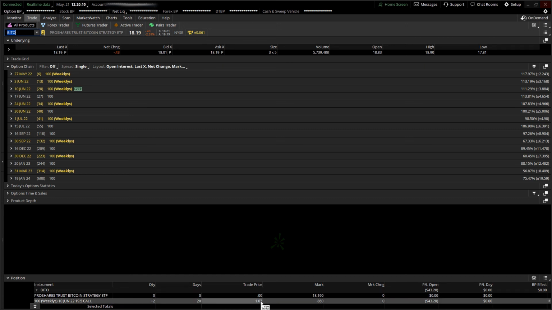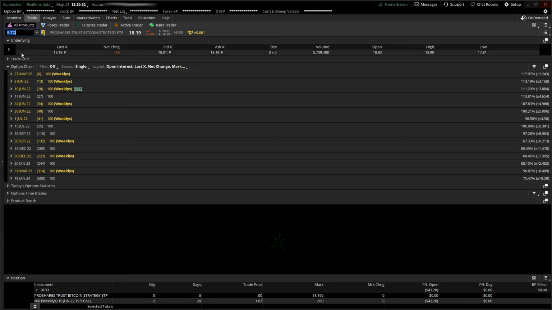Each contract was a little over $100, and going into Friday's close, because unlike Bitcoin, which is trading 24 hours, both the futures contract and this ETF stopped trading Friday afternoon. But the futures contract will start trading Sunday evening, but this ETF won't start trading until Monday morning when the stock market opens.